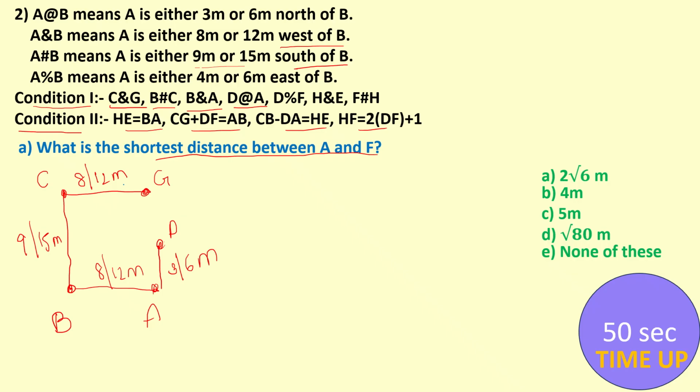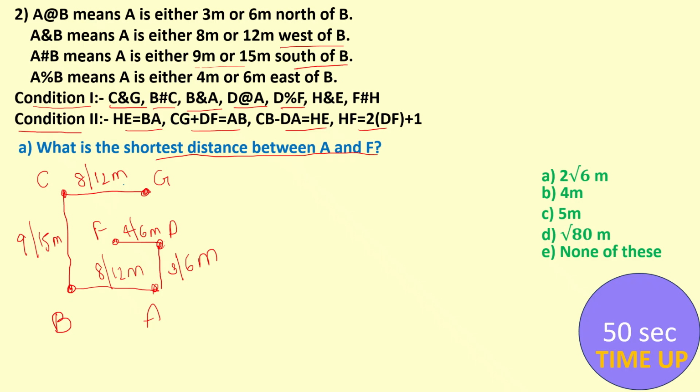Next, D%F. D%F means D is to the east of F by how much? 4 or 6 meter it can be. So I draw F somewhere here. F is here, and it can be 4 or 6 meter.